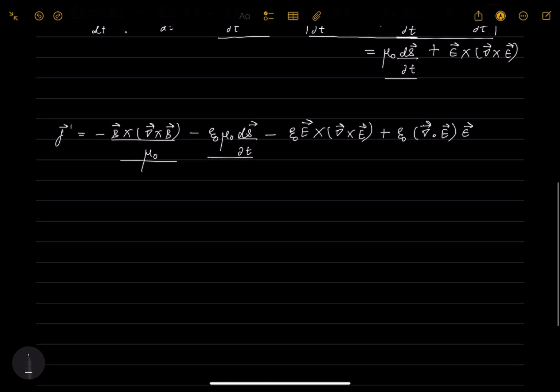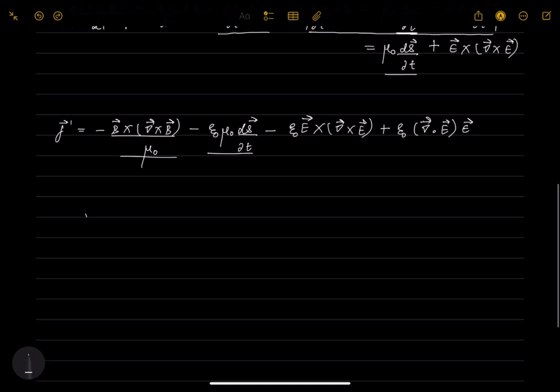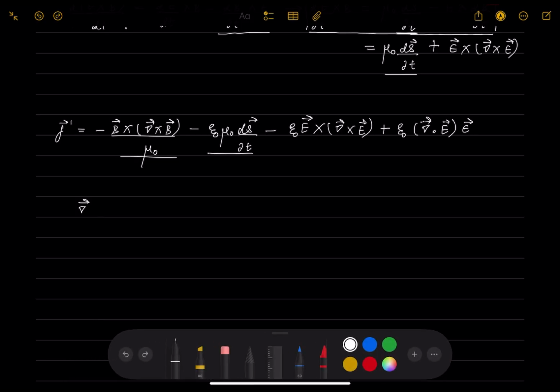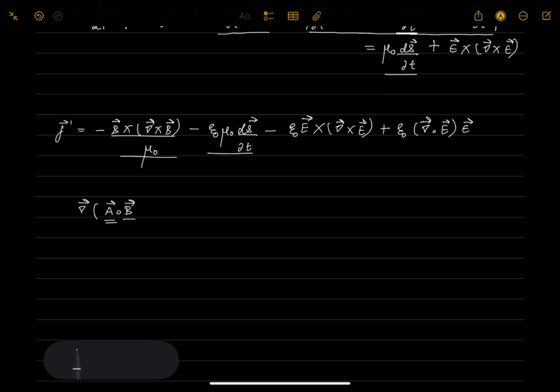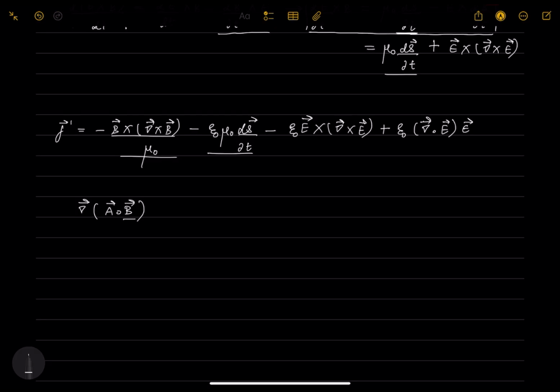The product rule that we're going to use next is related to the gradient of a dot product. So let's say we've got two arbitrary vector fields, right? This does not represent the magnetic field. This does not represent the vector potential. These are arbitrary vector fields.